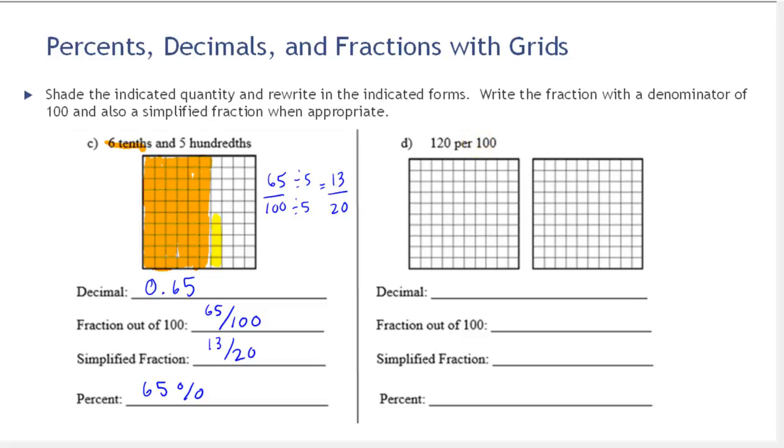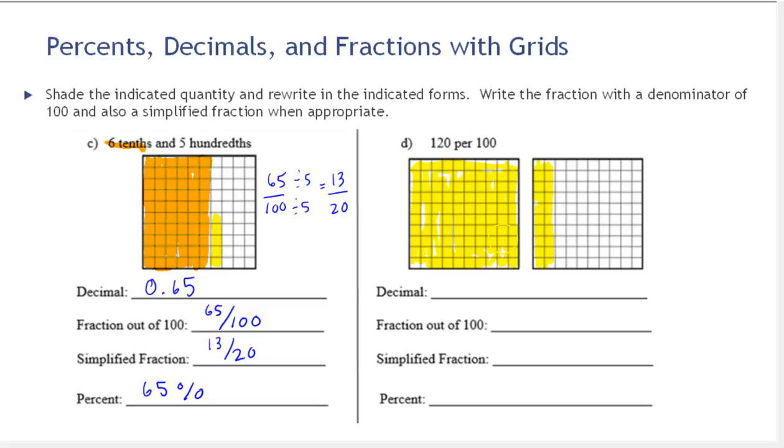So, since this grid is 100 100ths, I will shade this entire grid to get 100 out of 100. And then we need another 20. So this is 100, and each column is 10, so this is 120 hundredths.